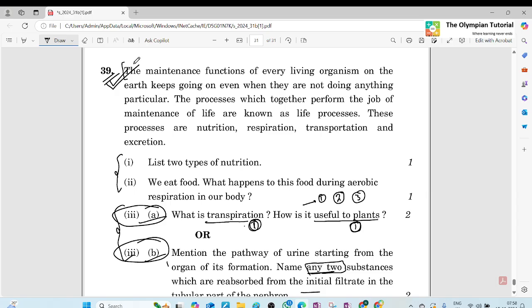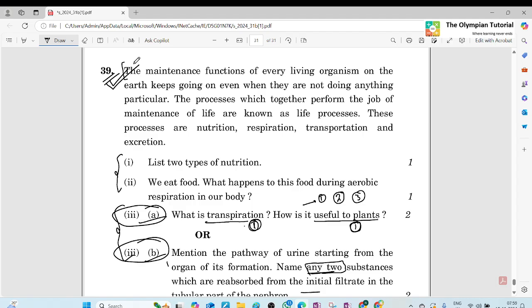The maintenance functions of every living organism on the earth keep going on even when they are not doing anything particular. The processes which together perform the job of maintenance of life are known as life processes. These processes are nutrition, respiration, transportation, and excretion.